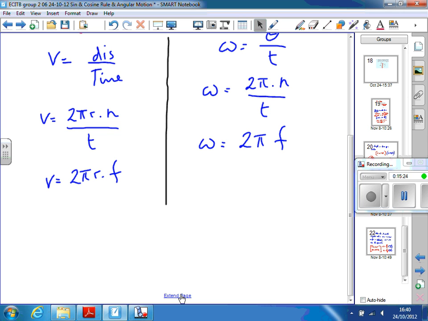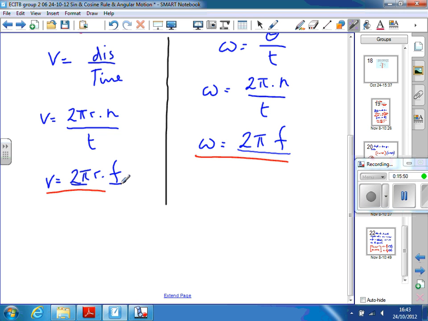So now we have an expression for the linear velocity and an expression for the angular velocity. The question now then, how do I combine these two equations to come up with a relationship between v and omega? Omega equals 2 pi f. So instead of 2 pi f in this formula, we could write omega.